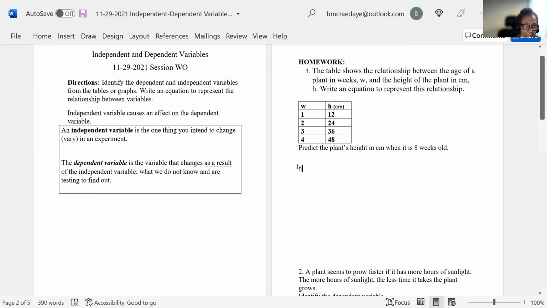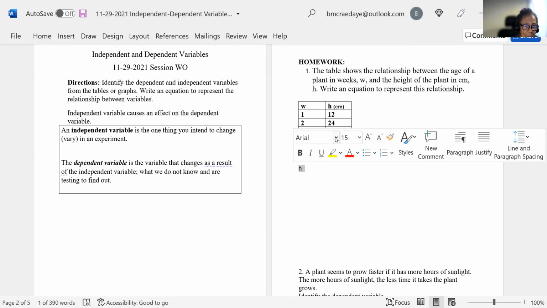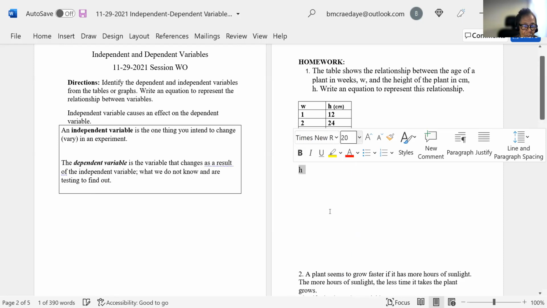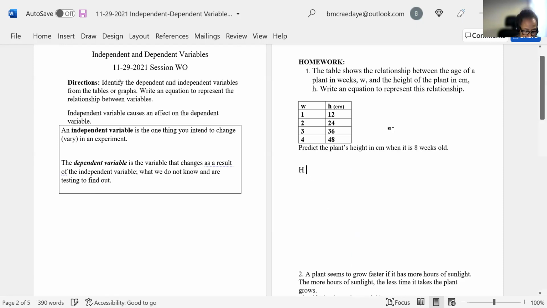Now, what would that be equal to? Let me just make that bigger. Okay, so what would H be equal to in terms of number of weeks? Small h. 4 weeks. No, how is H related to the number of weeks? Or another way of looking at it, how do I go from 12 to 24? By adding 12 on to 12.